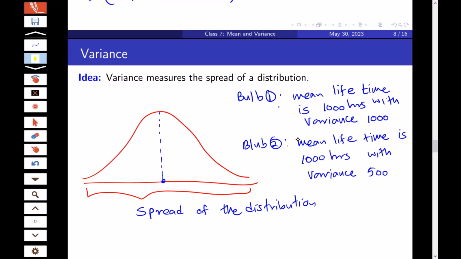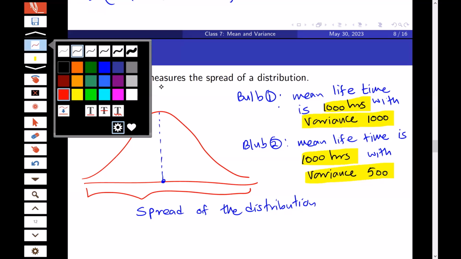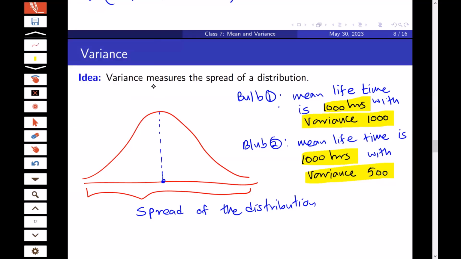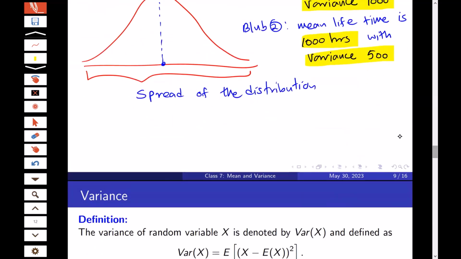So my question here is which bulb you will pick. Which kind of bulb are you going to pick here?